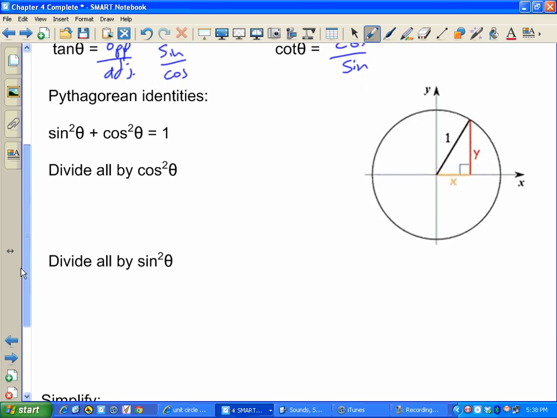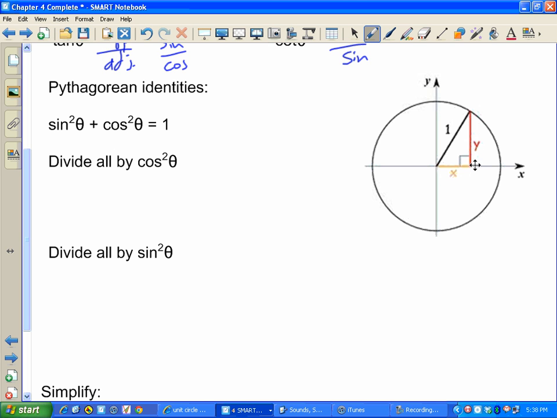There are some Pythagorean identities also. If you look, I've got a right triangle, so I can use the Pythagorean theorem. And so I would take this side, which is x squared plus y squared, would equal 1 squared. Well, x is the same as saying cosine in our unit circle.